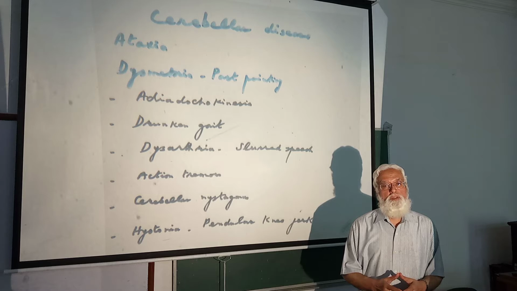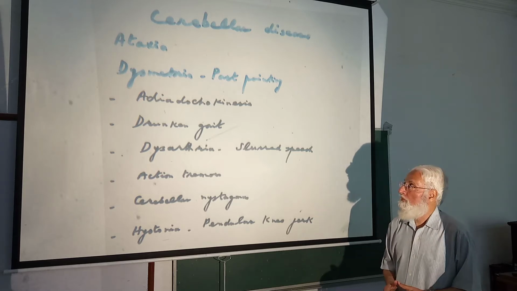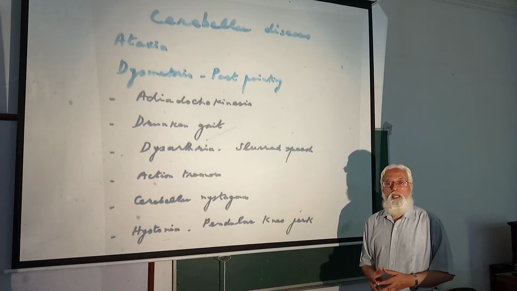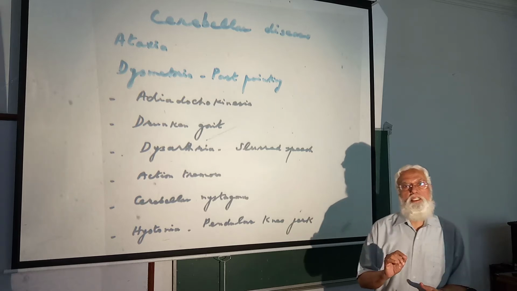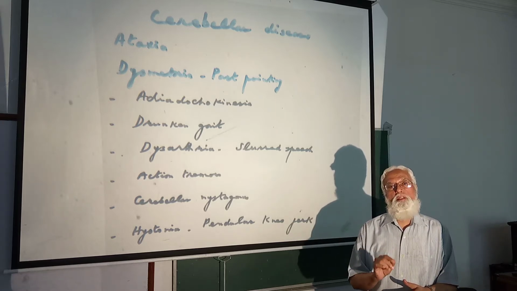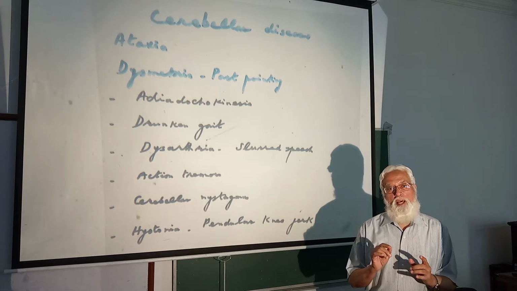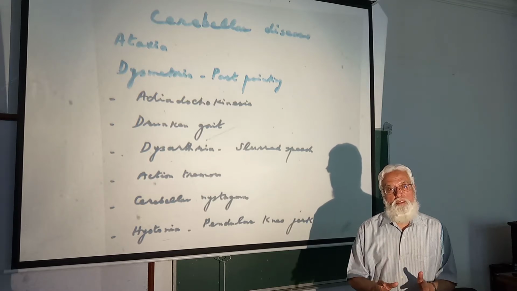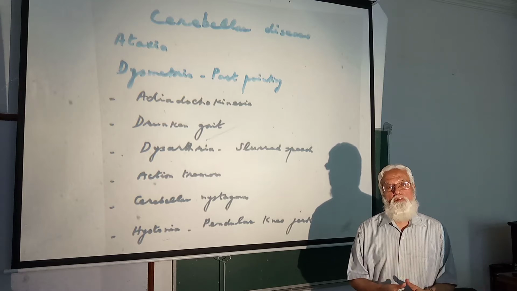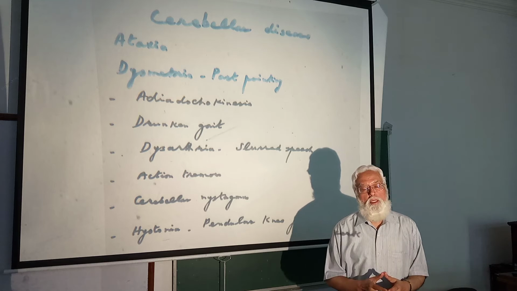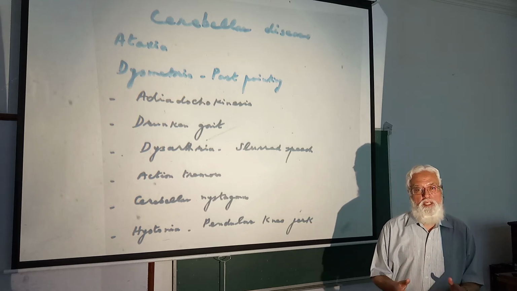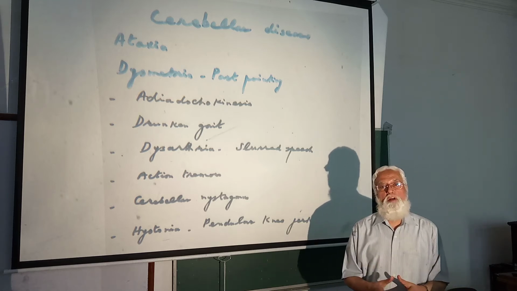What are the features? The basic feature is ataxia. Ataxia is incoordinate movement due to error in the range, direction and force of the movement.